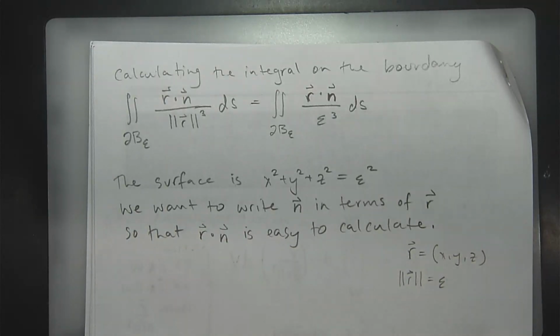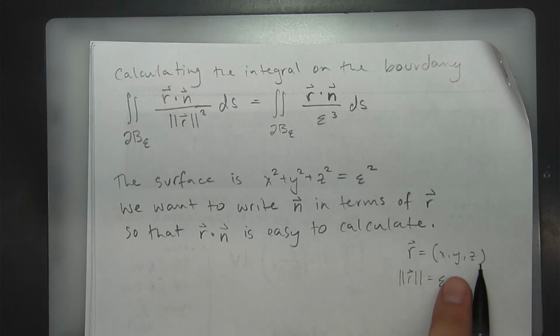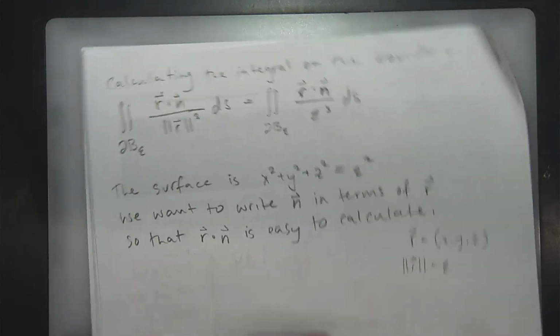So we want something of norm 1. So what we're going to do is we're going to divide this guy by epsilon.